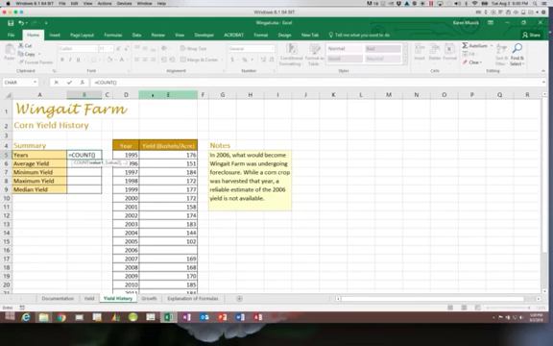And then we're going to click on E to select the entire column. And you can see that 22 of those years have yields in them. 2006 did not have a yield because they did not harvest a crop that year. Well, a reliable estimate, it says, is not available.